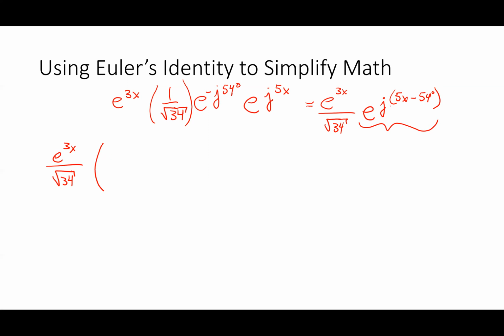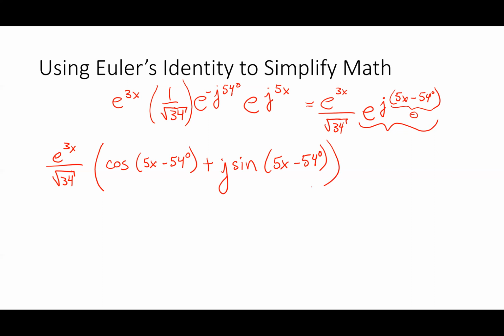Yeah, so the e to the j 5x minus 54 degrees, that's basically this guy's theta, right? So I can say e to the j theta is cosine theta plus j sine theta. So this guy becomes cosine of 5x minus 54 degrees plus j sine 5x minus 54 degrees.